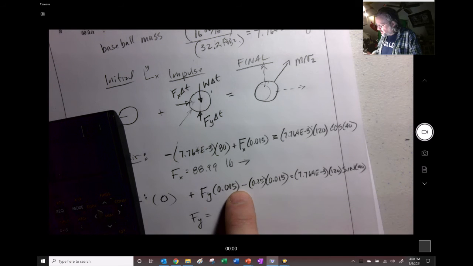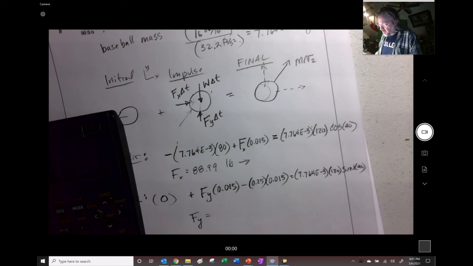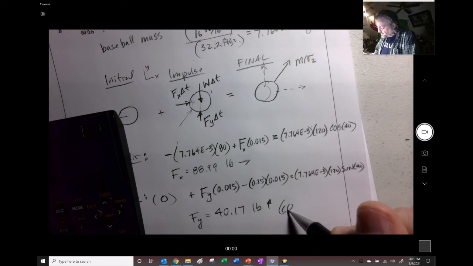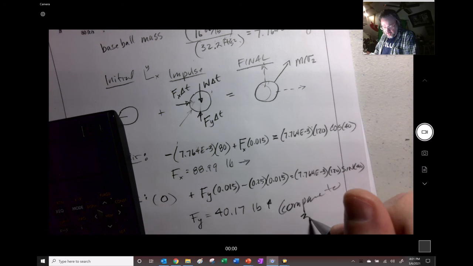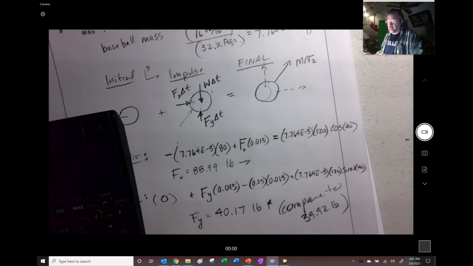So that actually adds over to here, it adds to the thing, and then we divide by 0.015. I end up getting 40.17 pounds upwards. So we compare that to 39.92 pounds if you neglect the weight.